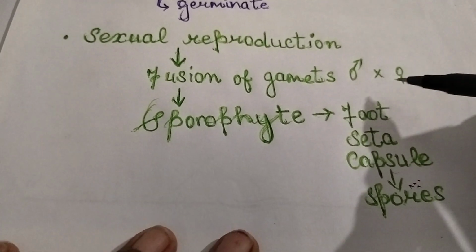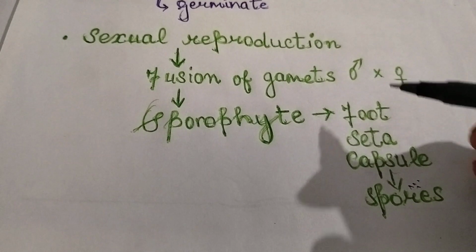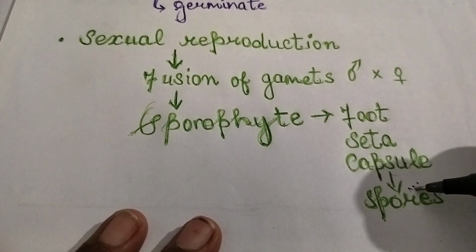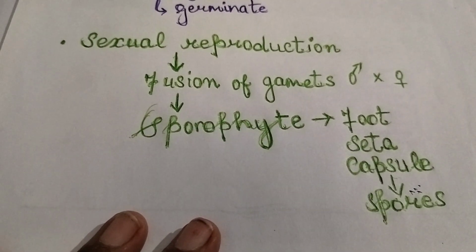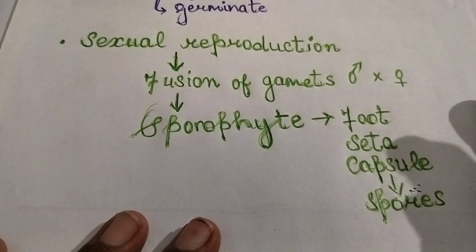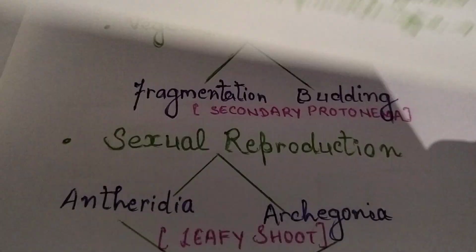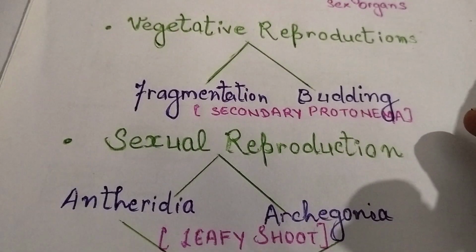Remember, the sporophyte is attached to the body of the gametophyte for food. These spores are haploid and they germinate into a new free living gametophyte. So this was the liverworts.